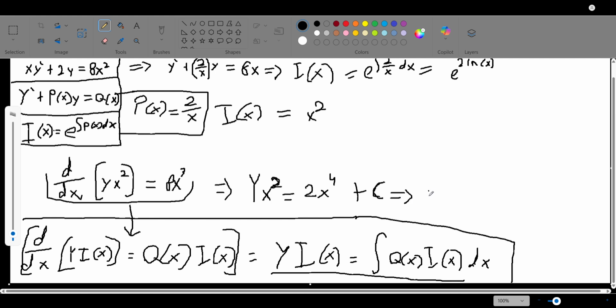So our general solution to this differential equation is y is equal to 2x squared plus c over x squared. And that's how you solve a non-homogeneous differential equation of the first order.